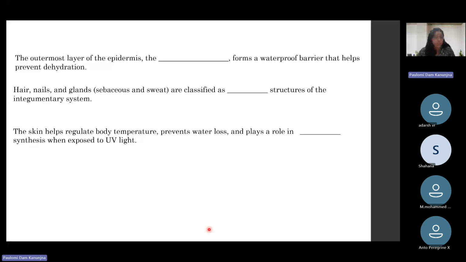What structures are these? And the third: the skin helps regulate body temperature, prevents water loss, and plays a role in what synthesis when exposed to UV light. Give your 3 answers in the chat box, and as soon as we have some answers, we can go ahead with the discussions.